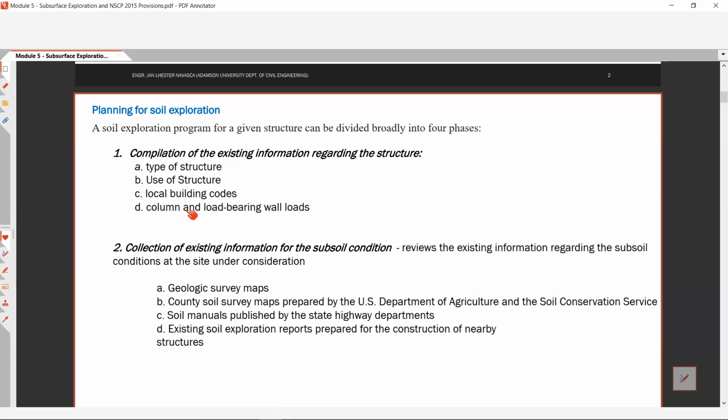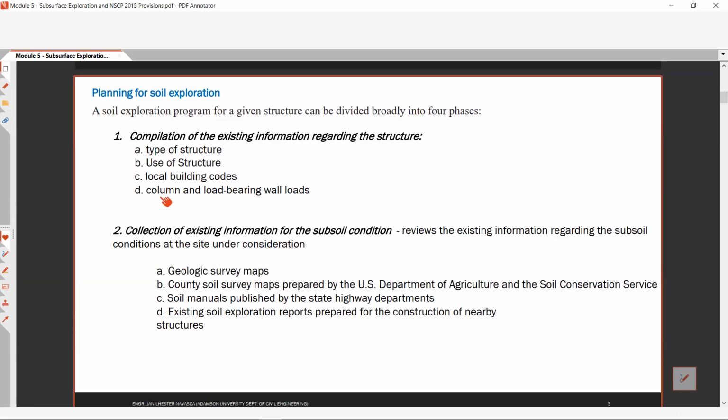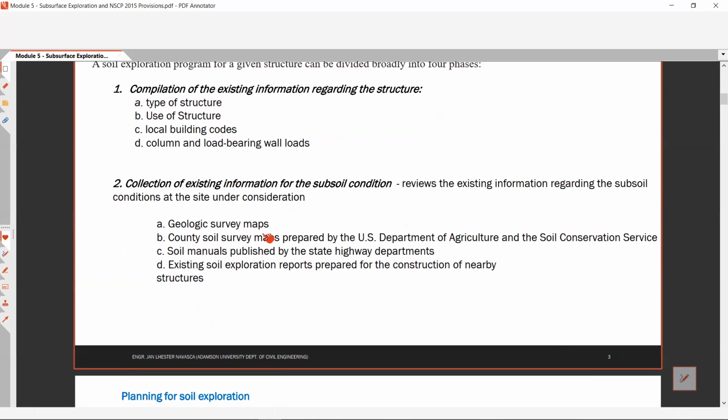If your project is in Japan, you will use the Japanese building code. If you are in Europe, you will use the Eurocode. If your project is in the Philippines, you will use the National Structural Code of the Philippines. Also, you need to consider the column and load-bearing wall loads. That is the compilation of existing information.